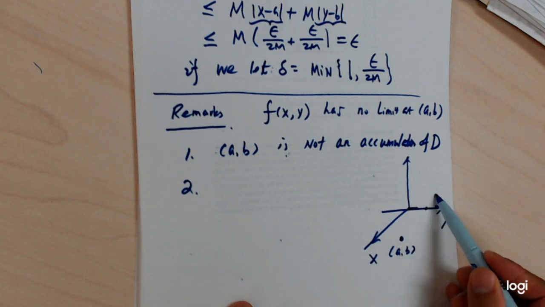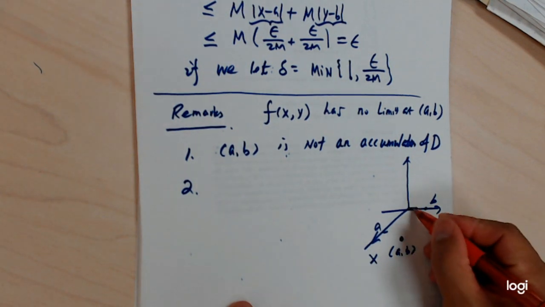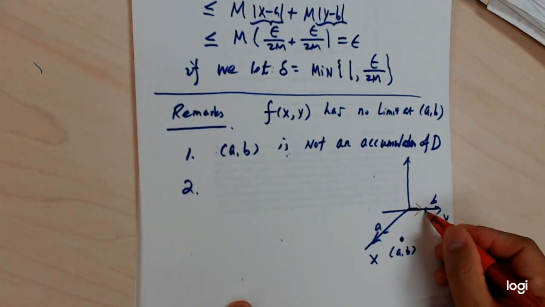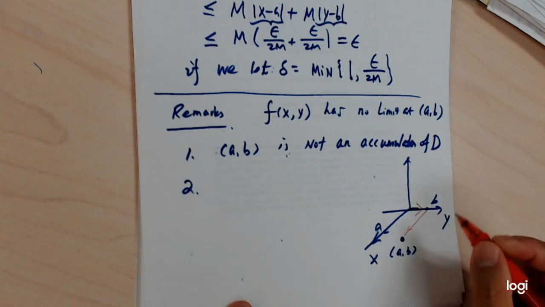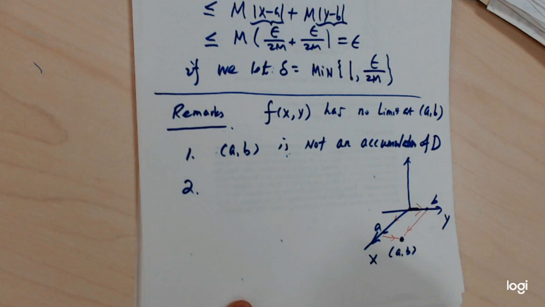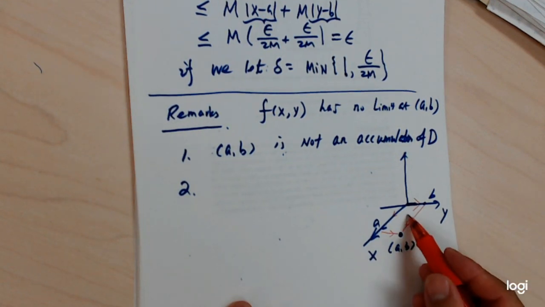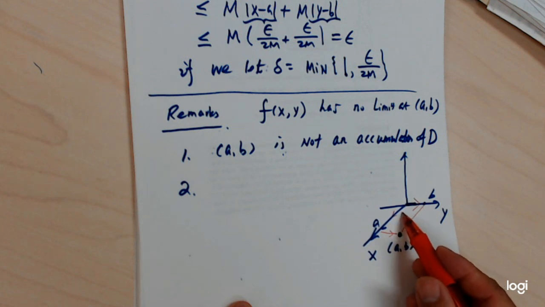This is the B value here, and that's the A value for X. I can let Y approach B first, and then let X approach A. Or I can let X approach A first, and then take Y to B. So there are two different paths to get to (a, b). In general, there are infinitely many different ways that a point can approach (a, b), but this is just one of them.